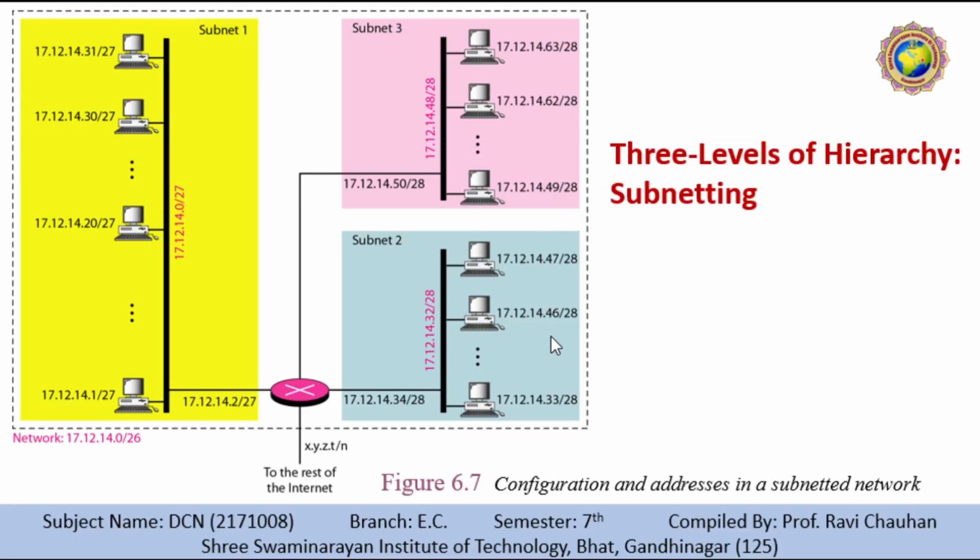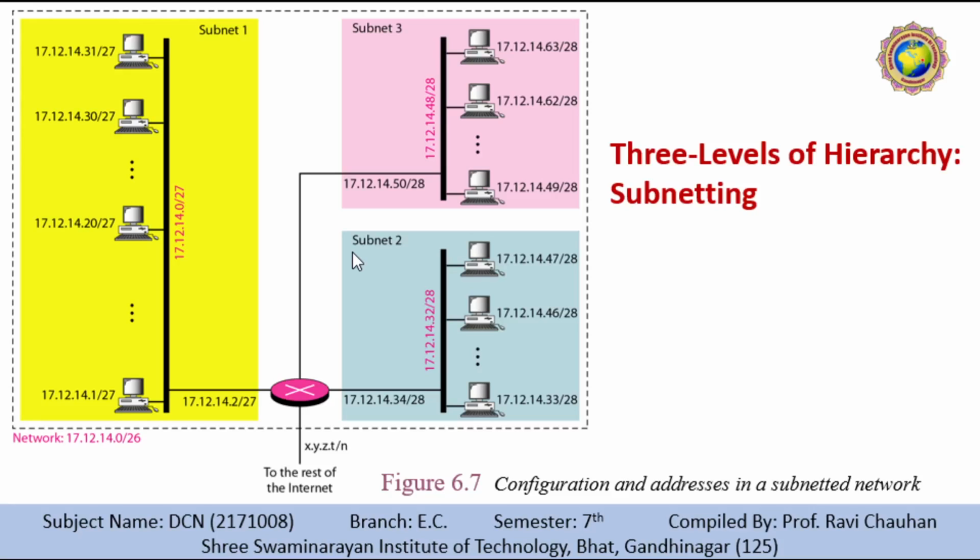We can find the new masks by using the following arguments. First, suppose the mask for the first subnet is n1, then 2 raised to 32 minus n1 must be 32, which means that n1 will be 27.